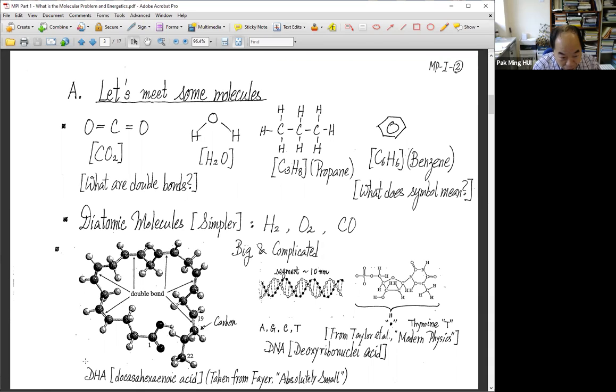And here is a product that you can buy in the pharmacy. DHA, to help people to be cleverer. So it's a long chain of carbon. There are 22. Then you start counting backwards 3. So 22nd, 21st, 20th, 19th.